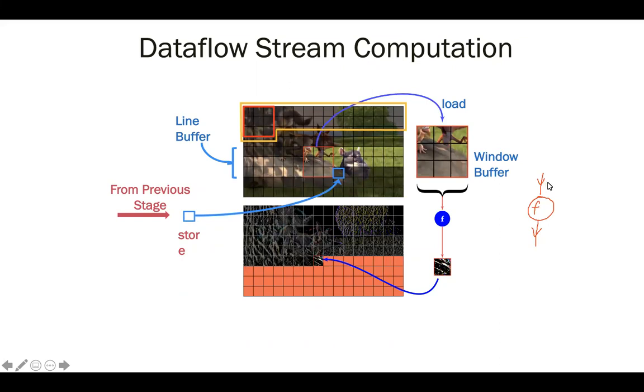And once the line buffer contains a sufficient number of pixels so that it can start applying the filter, for example in the case of a 3x3 filter, the first 2 rows should be available, and then the first 3 pixels from the first 3 columns in the third row should also be there, so that the computation can start happening.